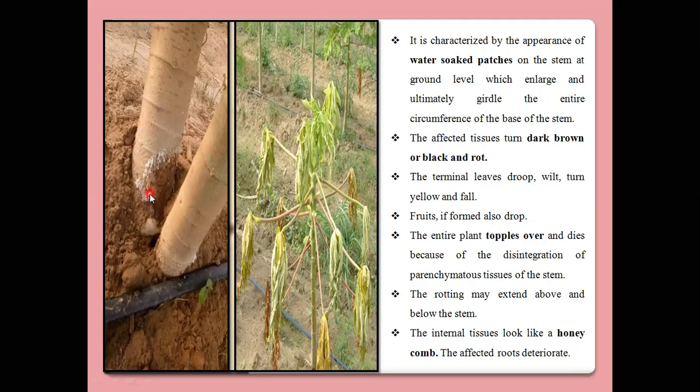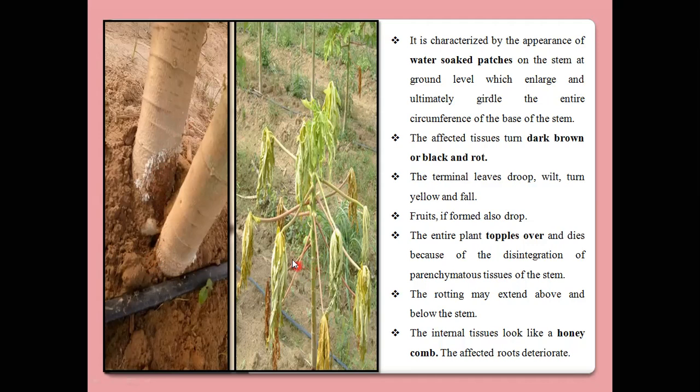The fungus develops under favorable conditions and spreads the pathogen in upward and downward directions, meaning infection is seen on the above-ground parts and underground parts of the plant.